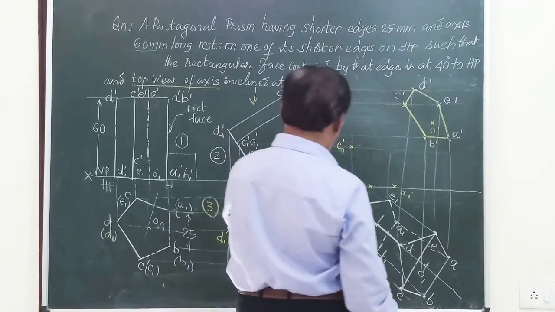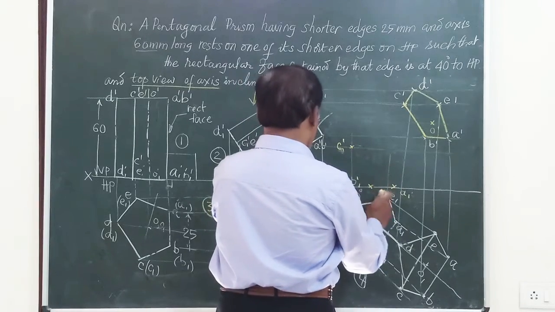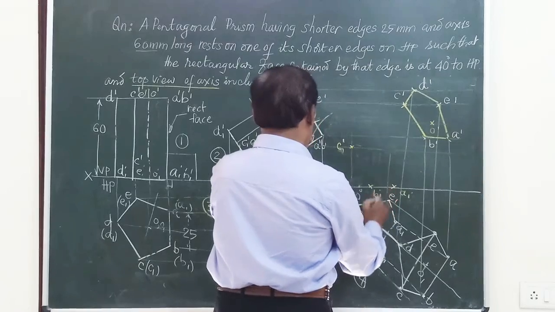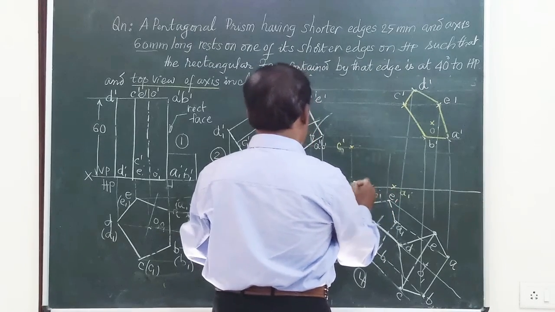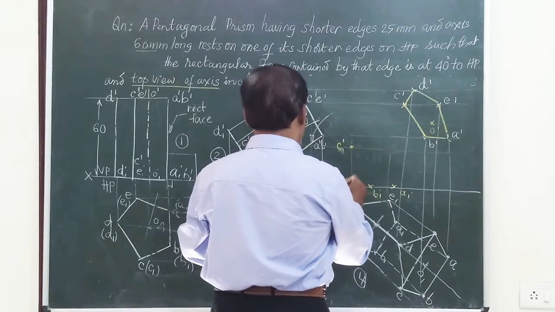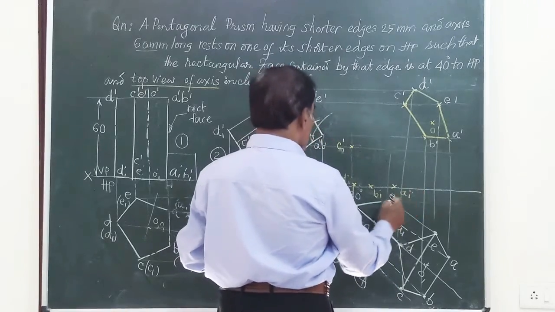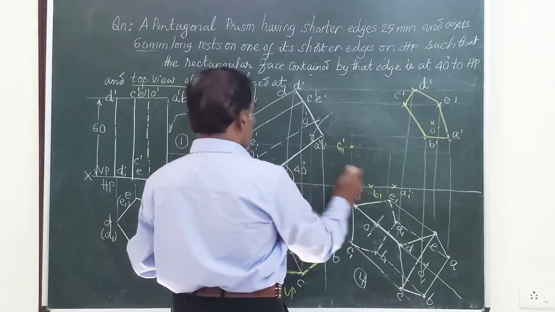Similarly, D is at the extreme corner. So D will come somewhere here. So this is B1 dash. C will come somewhere here. Say this point is D1 dash. A1 dash, B1 dash, and C and D will come on this.